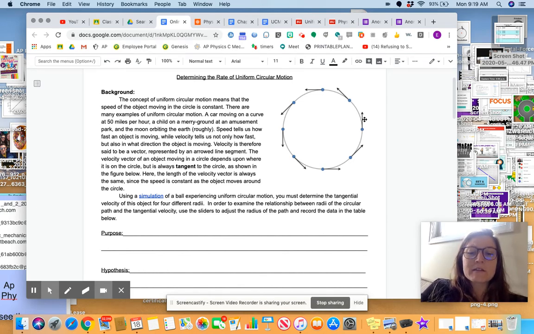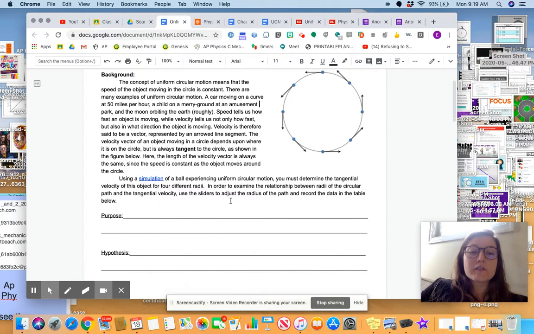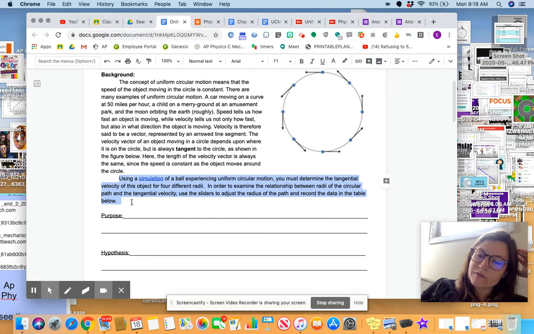In order to examine the relationship between the radii of the circle and the tangential velocity, you'll use the sliders to adjust the radius of the path and record the data in the table below. So for the purpose, you're going to take a look at this sentence here and determine what is your purpose. What is the goal of this experiment?